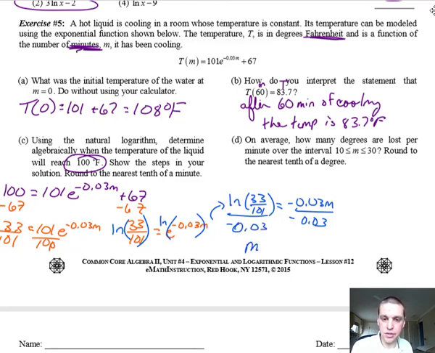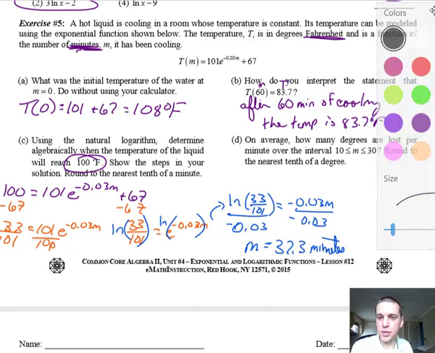I am not going to. I have it already done. m is going to give us 37.3 minutes. And so it'll take 37.3 minutes to reach 100 degrees Fahrenheit. When you see an exponential function that uses e, you must take the natural log.